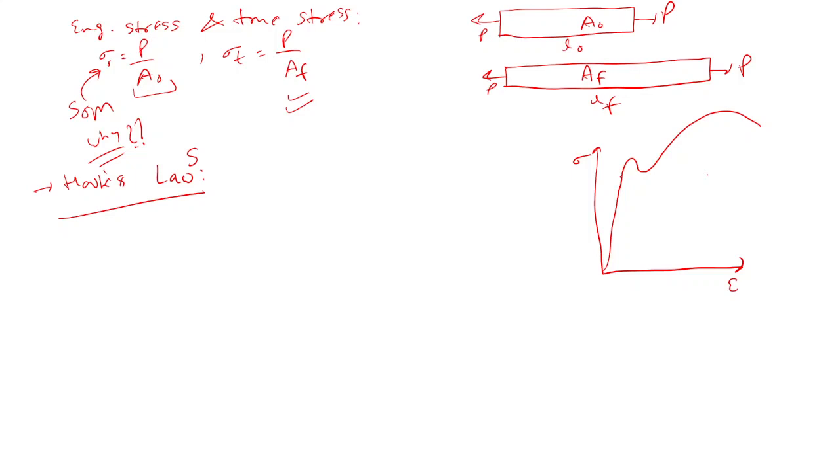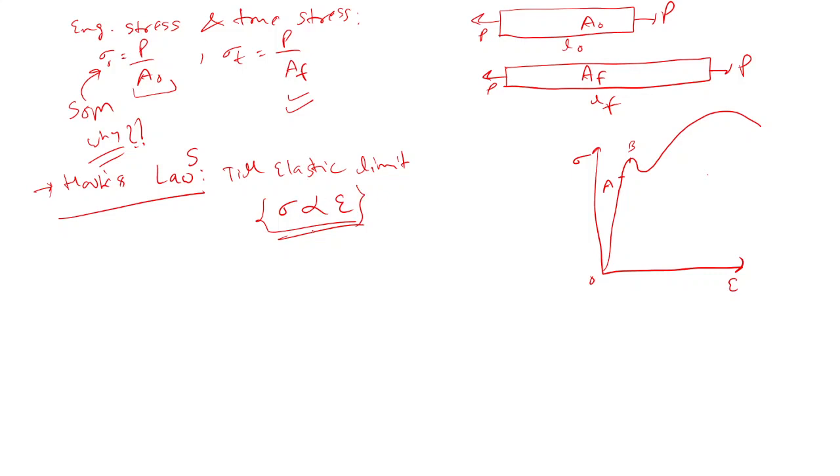Let's suppose this is the proportional limit, and after this it changes. But when Hooke's law was defined, it was said to hold till the elastic limit, that stress is proportional to strain. But actually it is till the proportional limit, right? So ideally, theoretically, Hooke's law holds till the elastic limit, but practically it is till the proportional limit. That is the difference we can take.